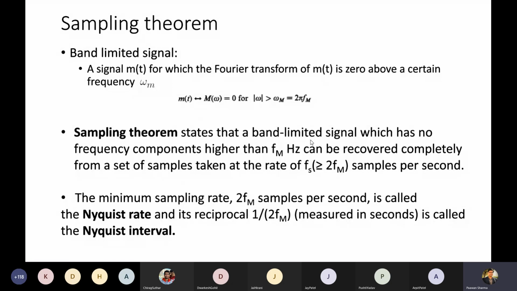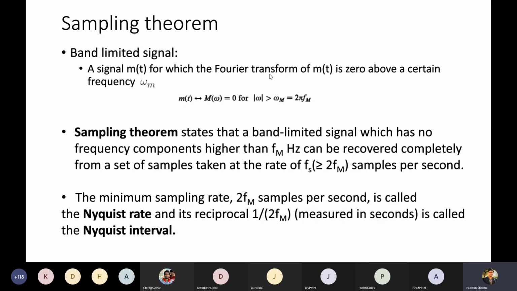Okay, so when you say that any band limited signal has Fourier transform 0 above a particular frequency omega m, what do you mean? You mean that the maximum frequency component which that particular signal contains is omega m. Omega m means 2 pi fm, so we can say fm or omega m. Okay, that is the band limited signal.